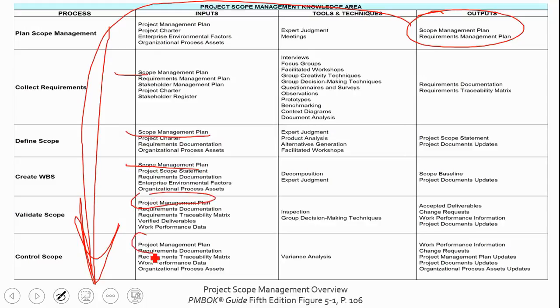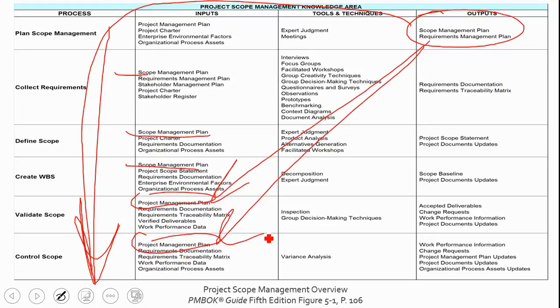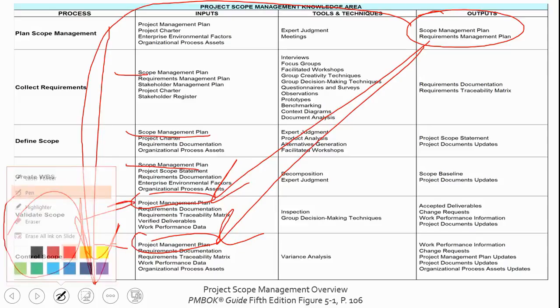We've got the project management plan, which is an input, but these are implicitly in here, okay? So when you take a look at these two, validate scope and control scope, don't lose sight of the fact that you still have your scope management plan implicitly in here, all right?